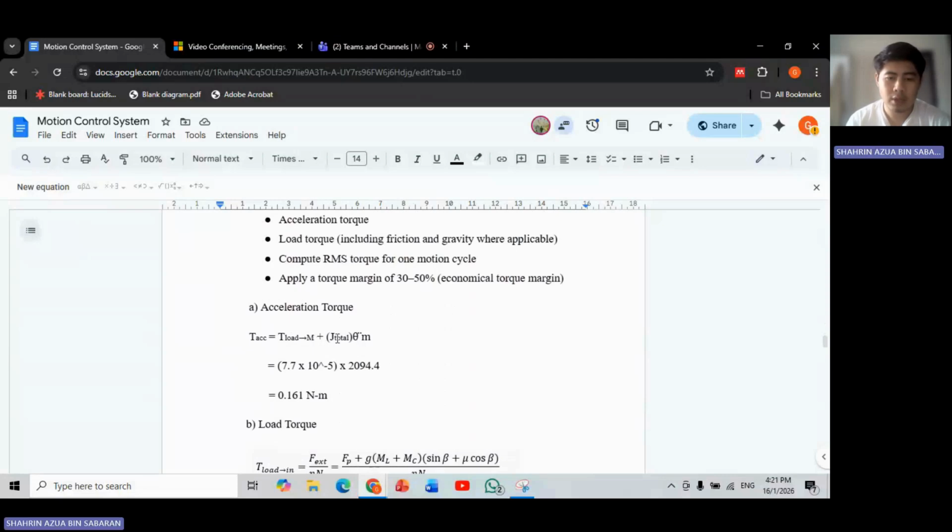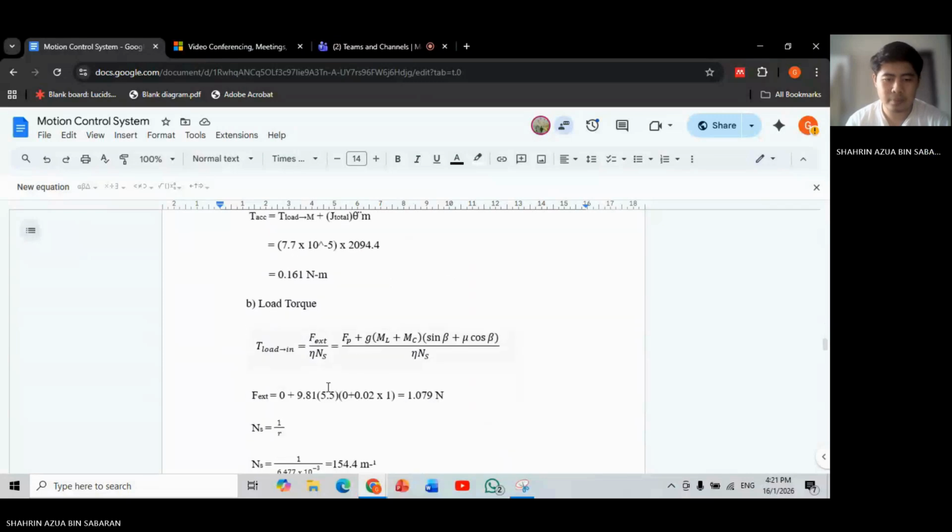Based on the calculation above, the inertia total is 7.7 times 10 to the power of negative 5, and the angular acceleration is 2094.4. When we multiply them, we get the acceleration torque of 0.161 Nm.